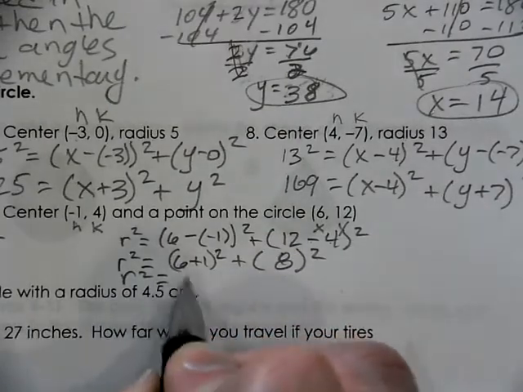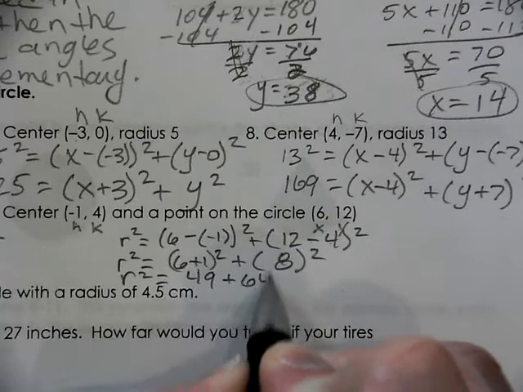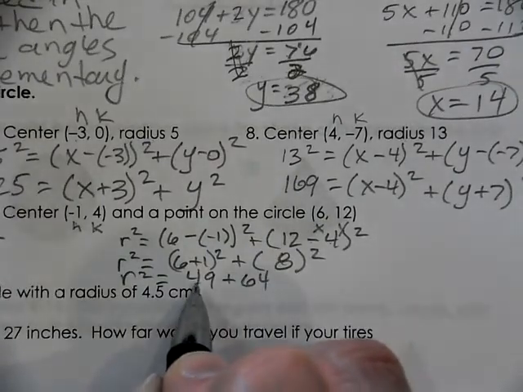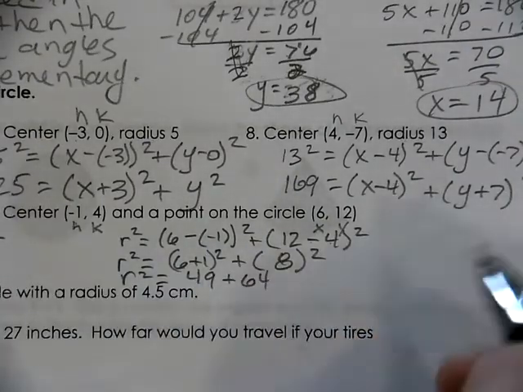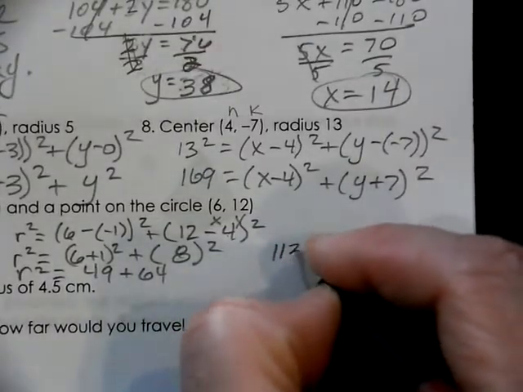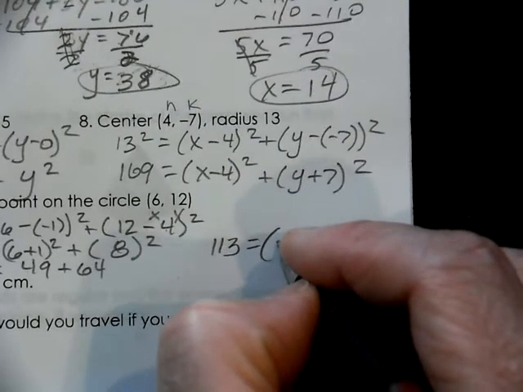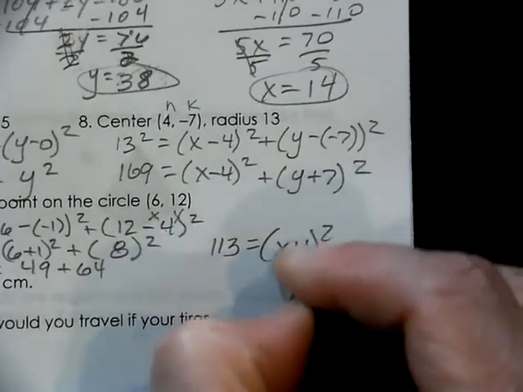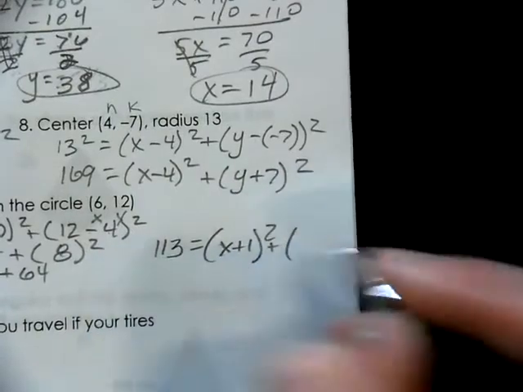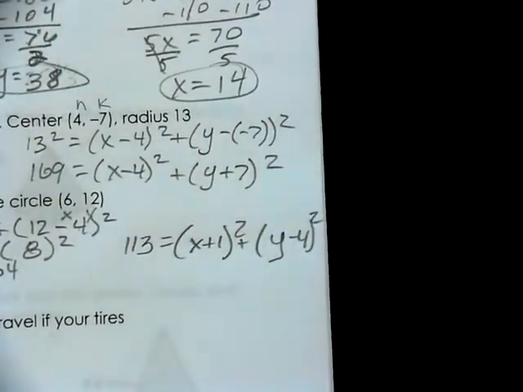So our r squared is going to be 7 squared, which is 49, and 64. So that looks like 113. So we have 113 equals x plus 1 squared plus y minus 4 squared.